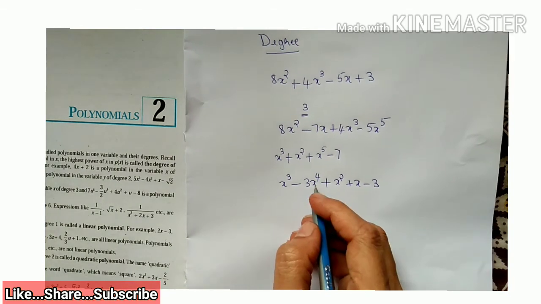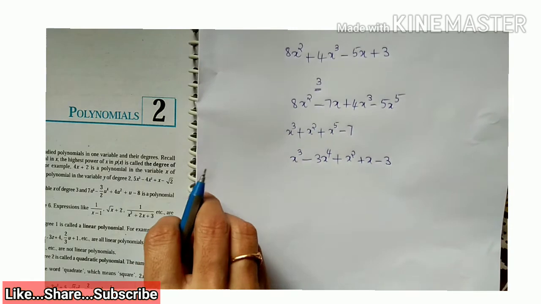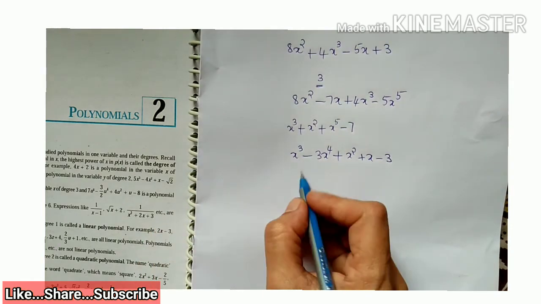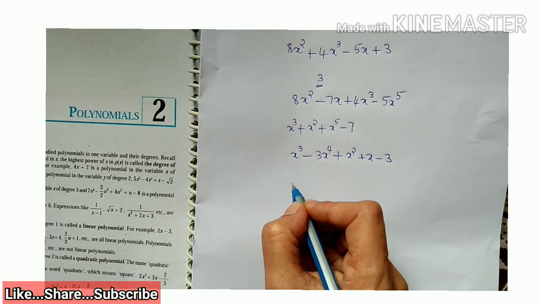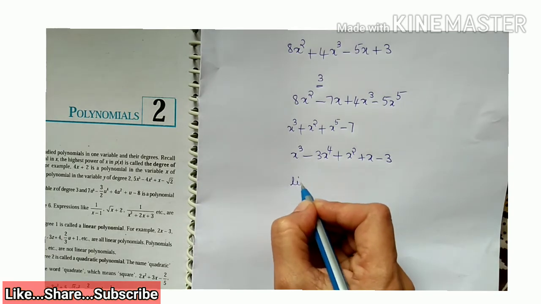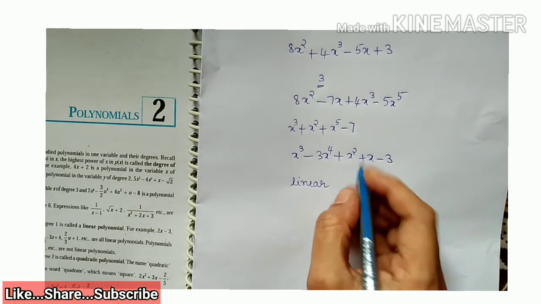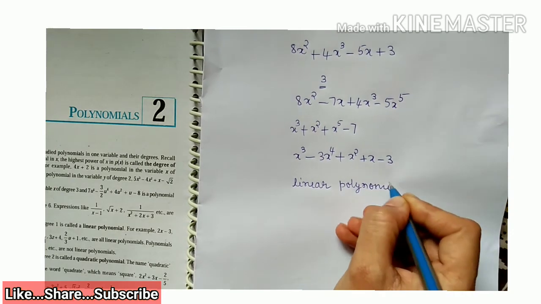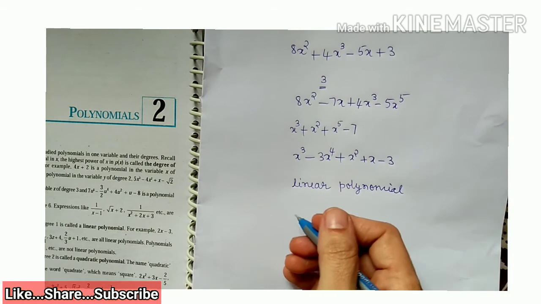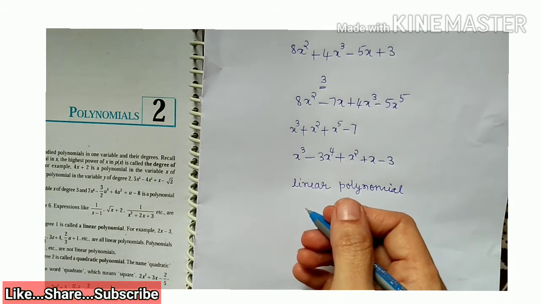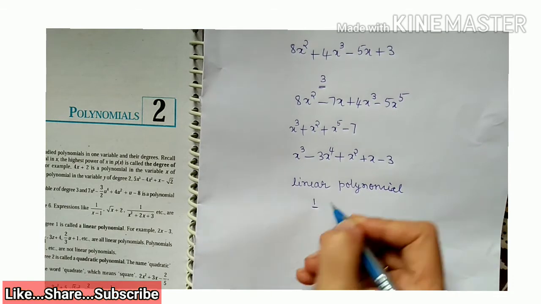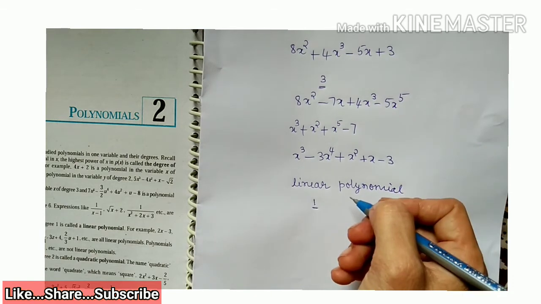Next, types of polynomials. First type of polynomial is linear polynomial. The polynomial of degree 1 is called linear polynomial.